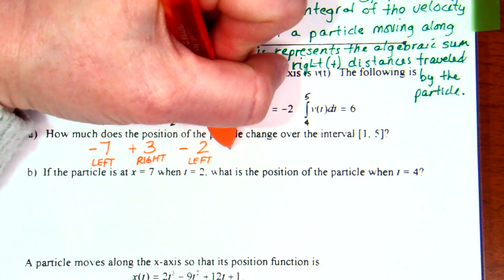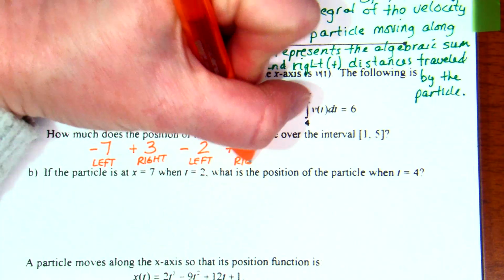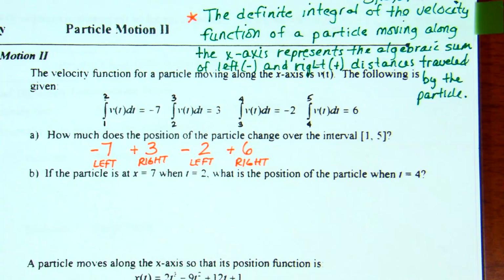And then from 4 to 5, there's a positive 6 change, so we're going right 6. Okay, so left 7, then back 3 right, puts us still 4 left of where we started. Minus 2 left takes us 2 left back again. And then 6 right takes us to 0.